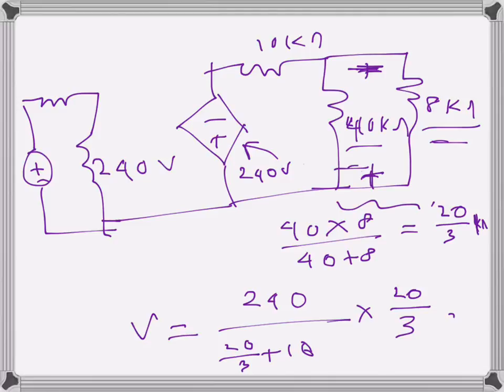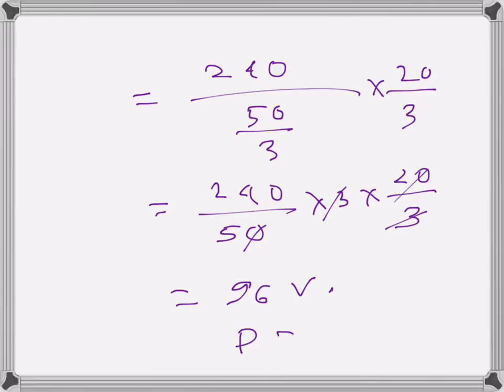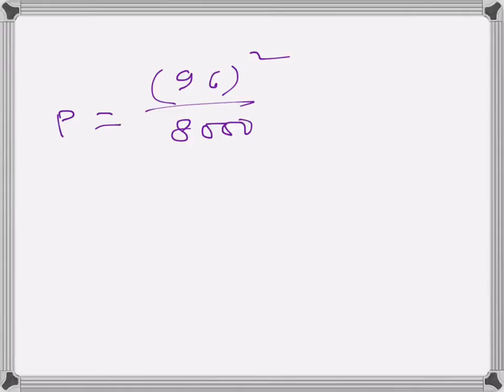Once we have the voltage drop, I can find the power dissipated by this one. That will be P is equal to V square over R. So V square is 96 squared and R is of course 8000, because that is in kilo ohms, so we need to find the value in ohms.